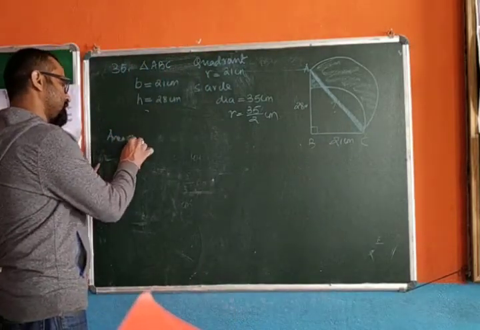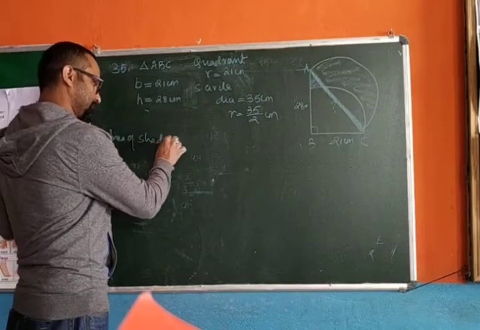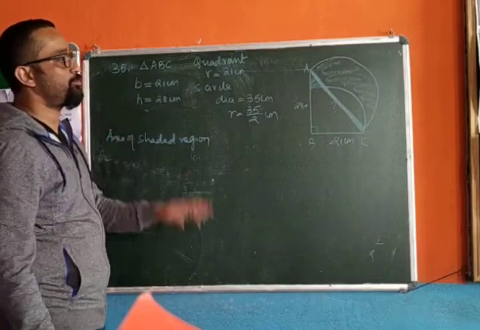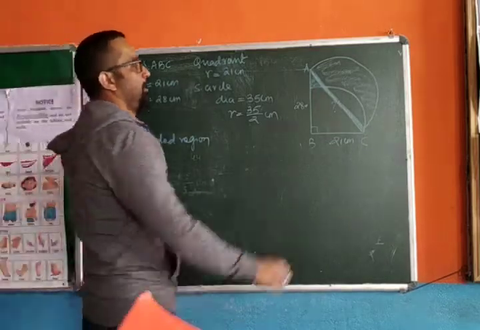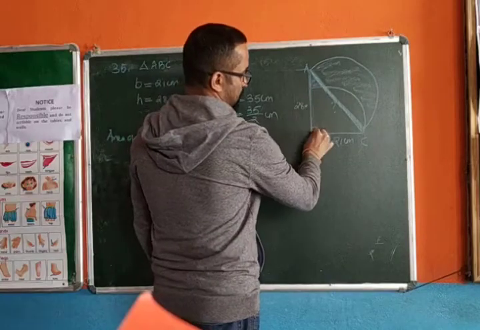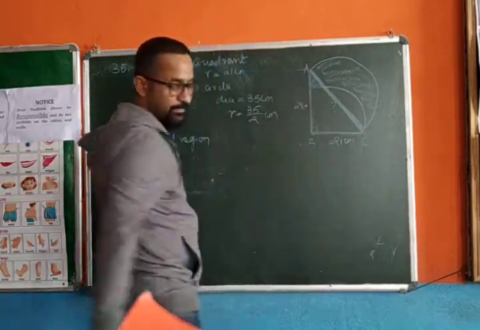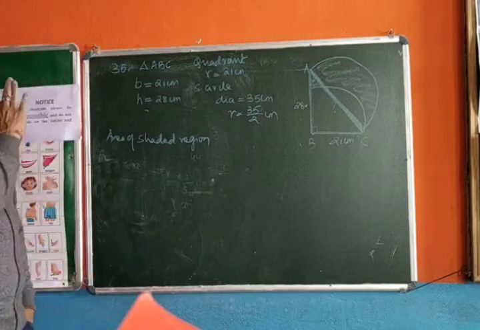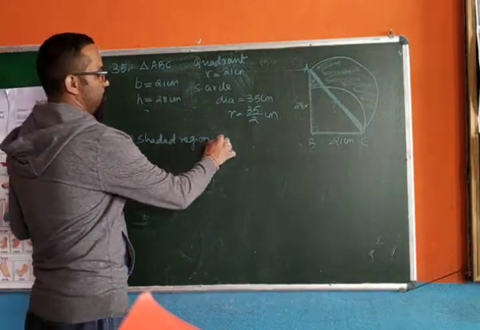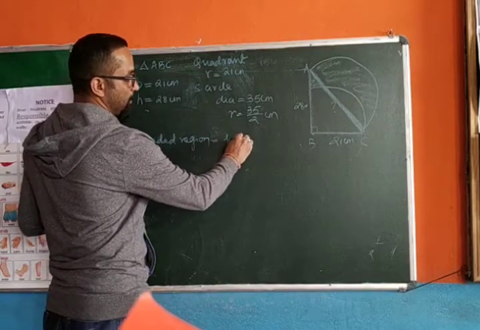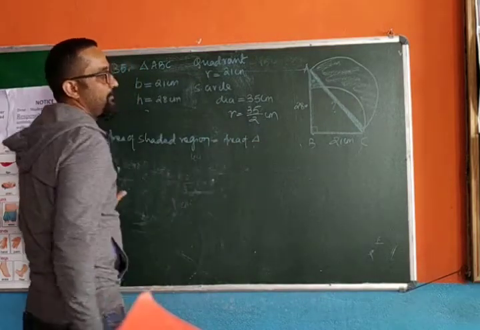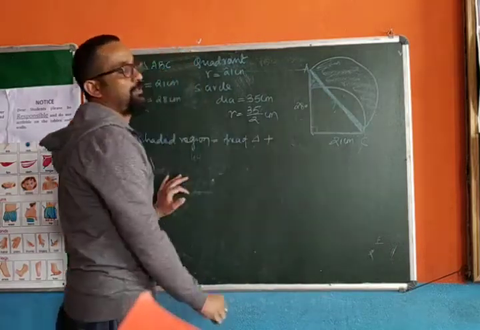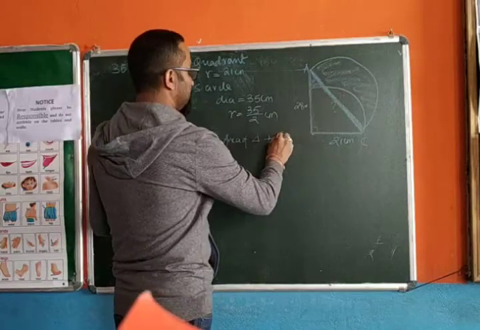Area of shaded region. Look at the diagram carefully. This portion: area of triangle, because some part of the triangle is shaded, plus area of semicircle.